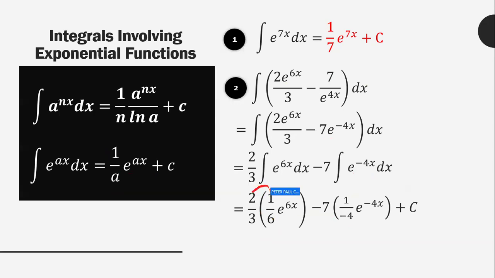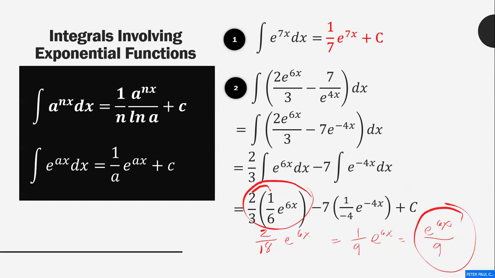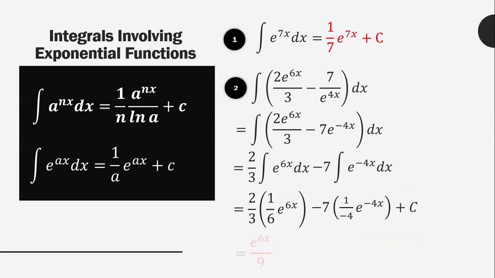Simplifying, we have 2 times 1, that is 2, and 6 times 3, that is 18. But 2 over 18 can be rewritten in lowest terms as 1 over 9, right? So it could be 1 over 9 e raised to 6x, or you can rewrite it as e raised to 6x over 9. So that is the answer here.